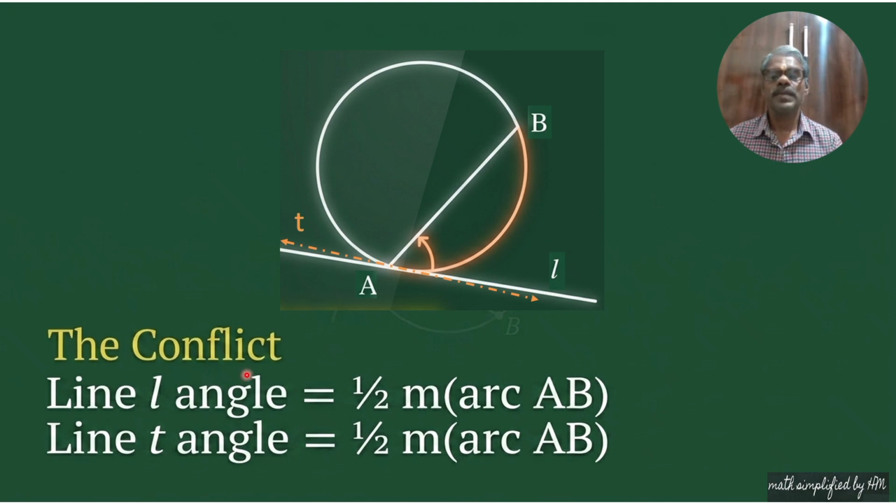The conflict: line L's angle with chord AB is equal to 1/2 the measure of arc AB, and line T's angle with chord AB is equal to 1/2 the measure of arc AB.